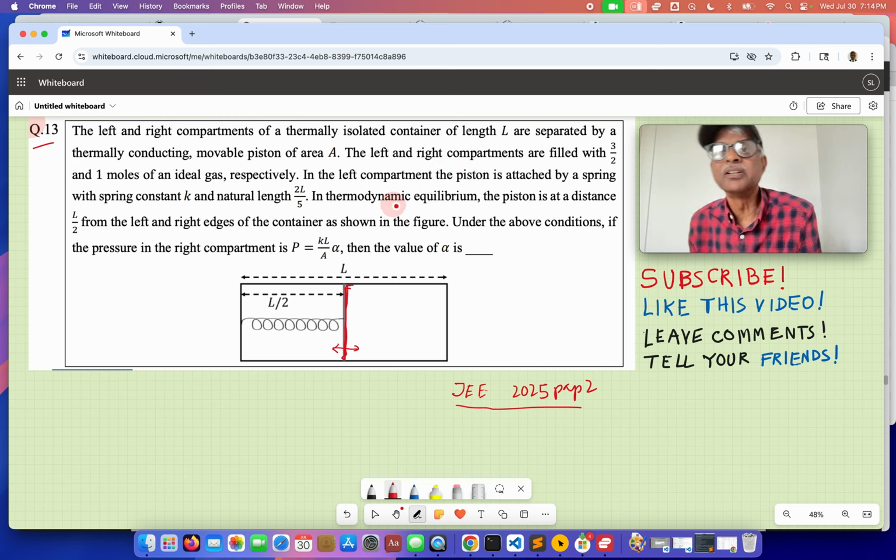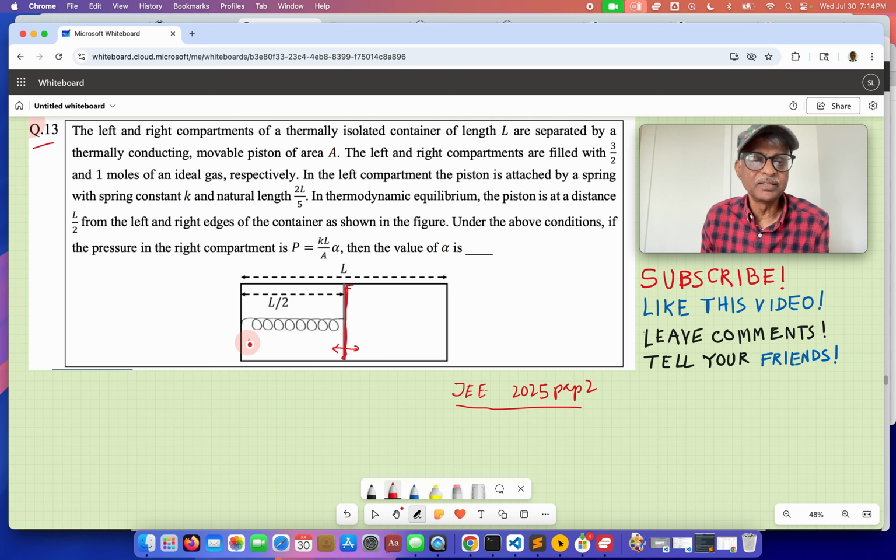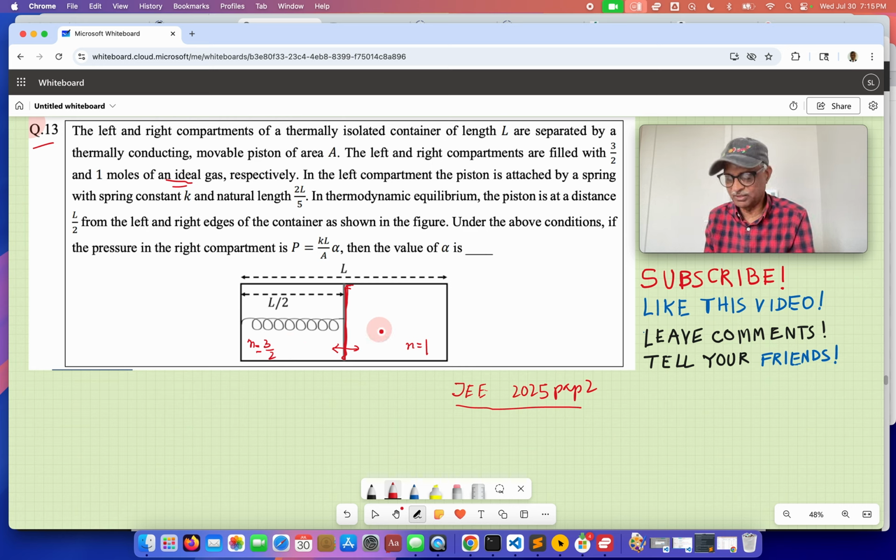So over there N is 3/2, and in this part of the chamber is one mole of an ideal gas. It doesn't say monatomic or diatomic, and it doesn't say same gas or different gas. Could be nitrogen, oxygen. You just say ideal gas. That's it.